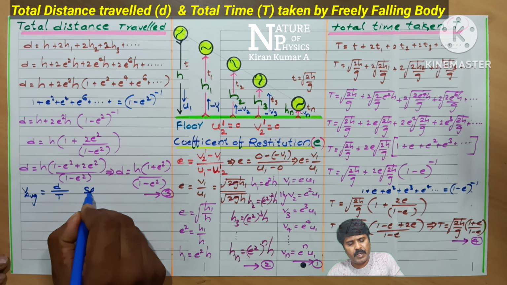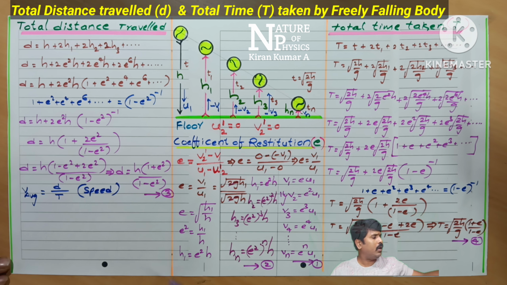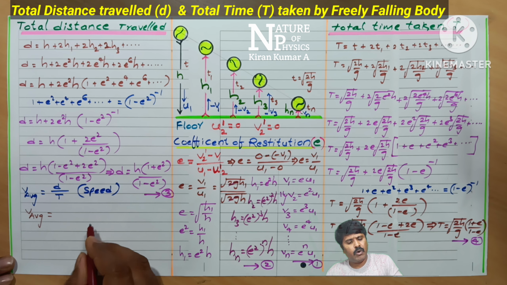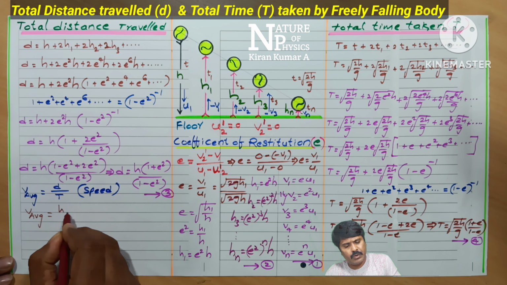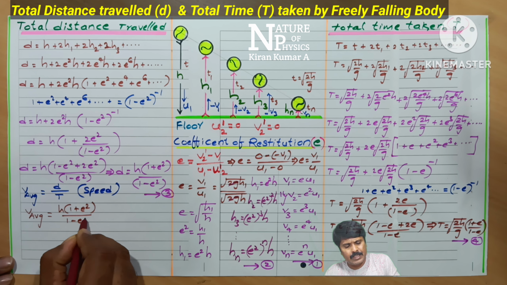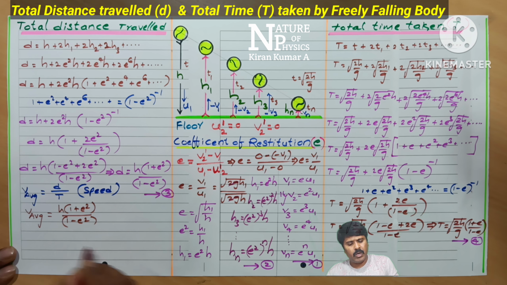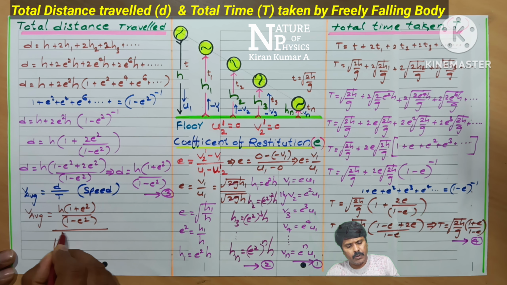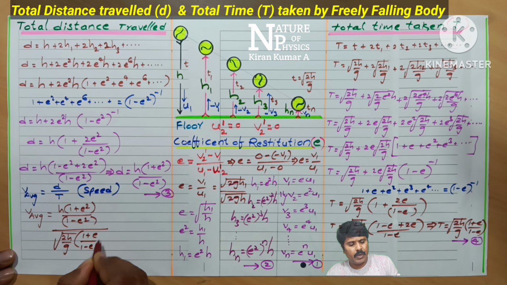This represents speed. Now replacing the values, v average is equal to total distance, how much we got there, h into 1 plus e square divided by 1 minus e square, whole divided by capital T, how much we got, root over 2h by g into 1 plus e divided by 1 minus e.